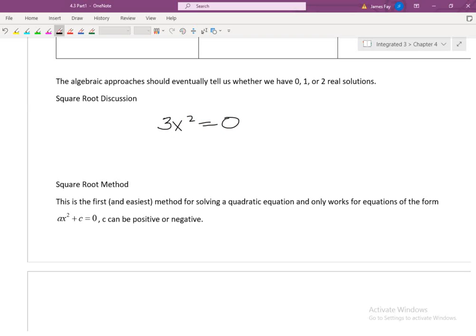What do I put in for x so that the left-hand side turns into 0? Well, the only thing I can do is 0. You could do it this way, though. You could divide both sides by 3, and that's going to give you x squared equals 0, right? What undoes a power of 2? If I have x squared, how do I get that down to x to the first?